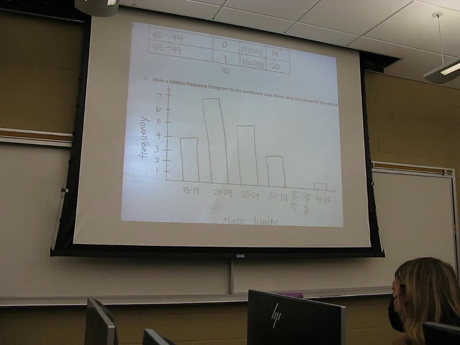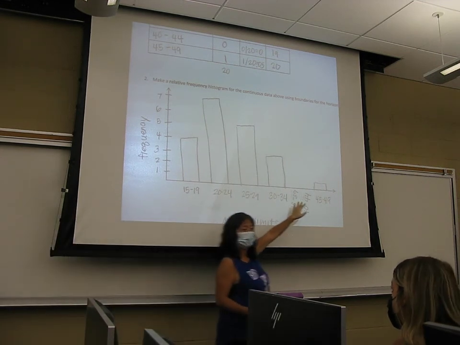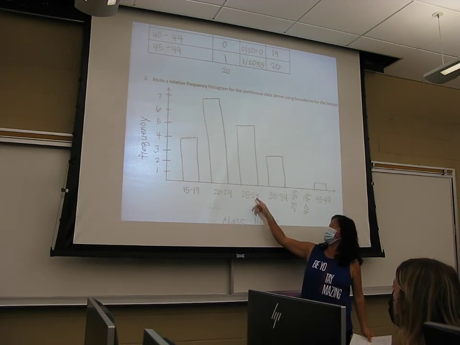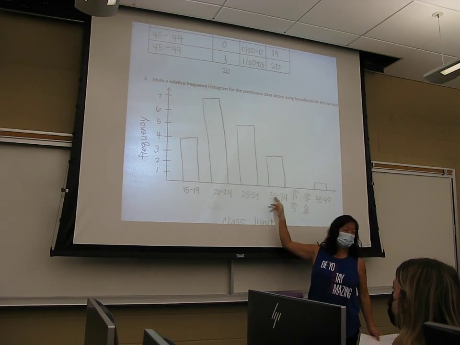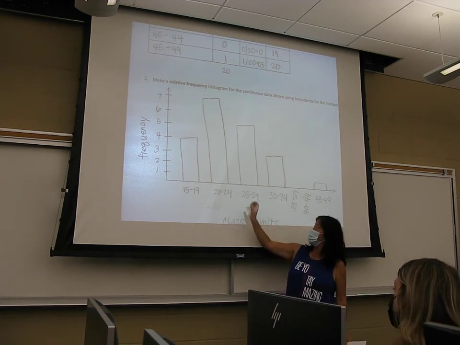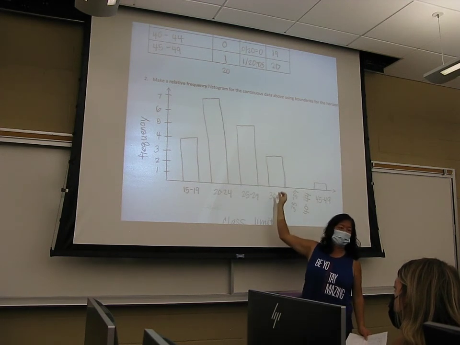Here you notice they don't touch, right? Because this goes from 25 to 29, and then jumps from 29 to 30, and this one goes from 30 to 34. If you're going to do it this way, they should not touch, and then you have your limits written right below whatever your block is.